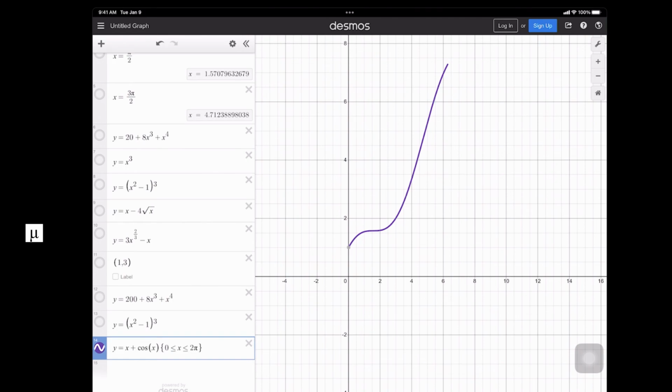Okay, you're going to say: 1, intervals of increasing/decreasing. Okay. 2, relative max or relative min.